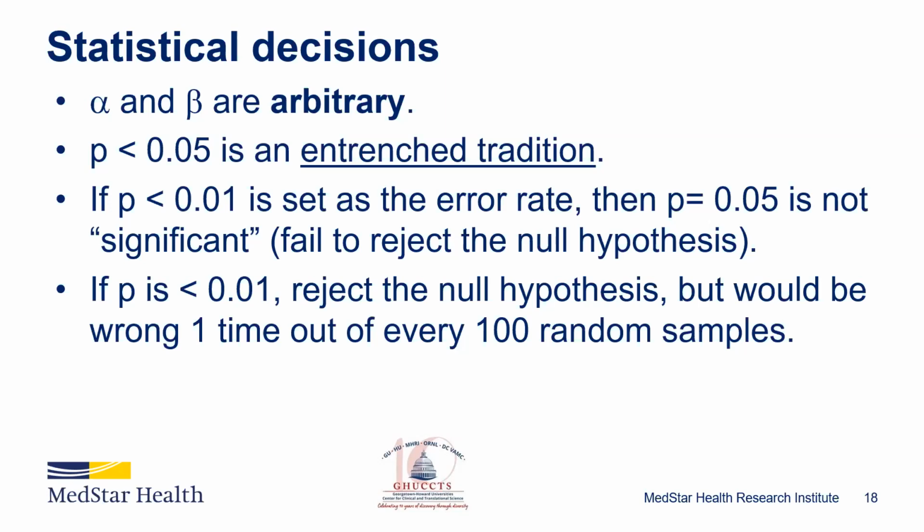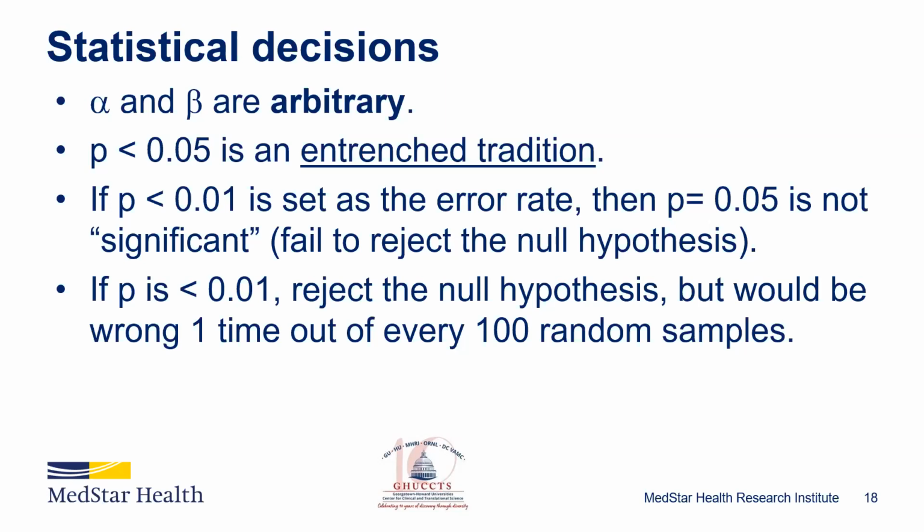But if we say, for example, if we set our p-value at less than 0.01, then if we get a p-value of 0.05, we'd have to say that it's not statistically significant. And so we would fail to reject the null hypothesis. And if we use a p-value less than 0.01 to reject the null hypothesis, we would be wrong on average one time out of every 100 random samples.